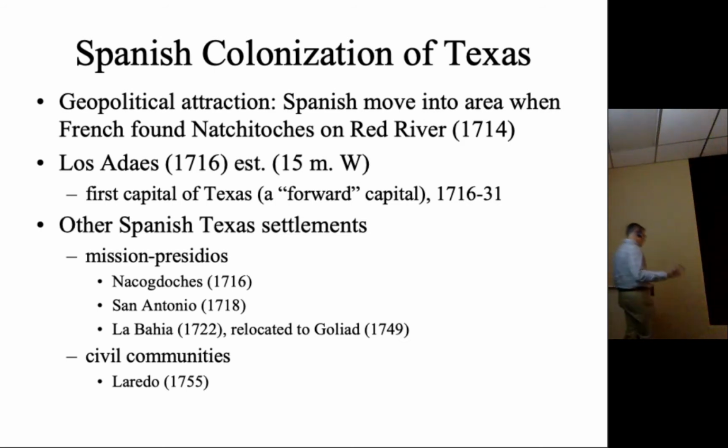The only reason the Spanish arrived late was because the French had a strong presence in South Louisiana by the early 1700s. So the fort that was established in northwestern Louisiana, you know where Toledo Bend Lake is along the Louisiana-Texas border?